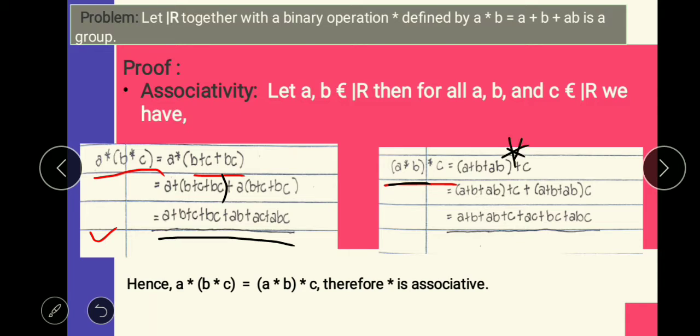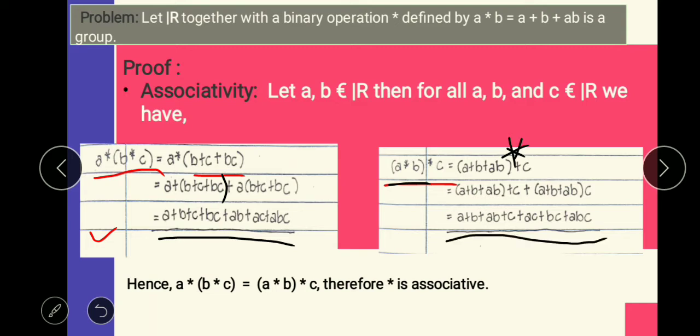Now, applying again the definition, we get the quantity A plus B plus AB plus C, plus the product of the quantity A plus B plus AB and C. Now manipulate, we get A plus B plus AB plus C plus, distributing, AC plus BC plus ABC.